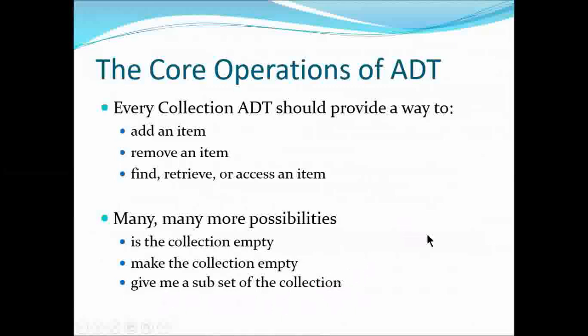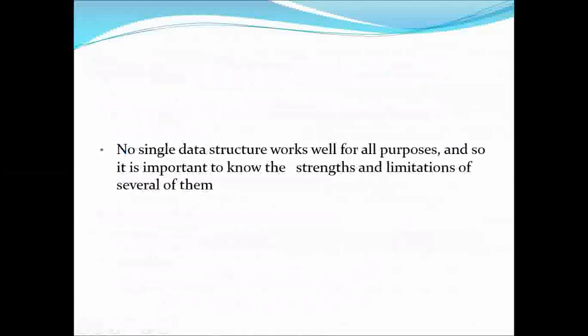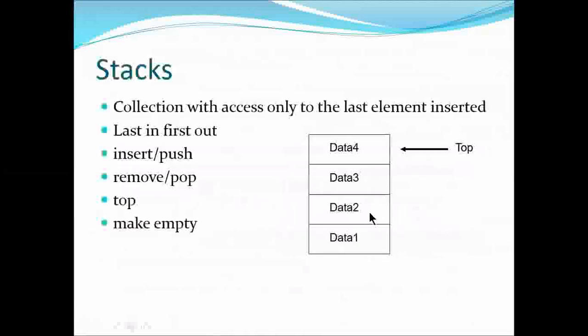You'll see in the implementation. So no single data structure works well for all purposes. So it is important to know the strengths and the limitations of several of them.